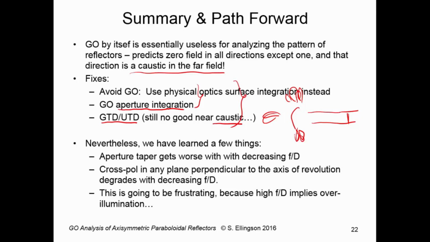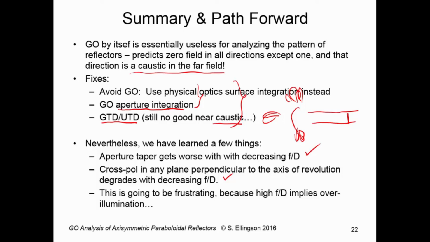Now, despite the inadequacy of GEO that we've demonstrated here, we have learned a few things by doing this analysis. First, we learned that aperture taper gets worse with decreasing f over d. We learned that cross pol in any plane perpendicular to the axis of revolution degrades with decreasing f over d.